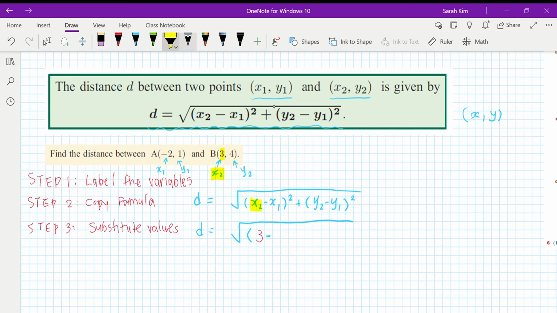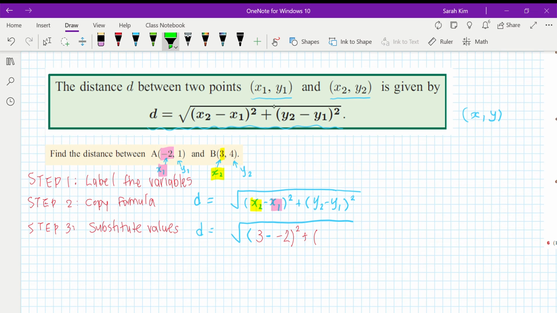Let me use a different color highlighter so you can make it obvious. Next one, I'm going to have a look at my x1, which is this one. So it's -2, so make sure you write -2. We'll expand that in a second. So plus, bracket, my y2. Well, what's my y2? Let me use a different color to show you.